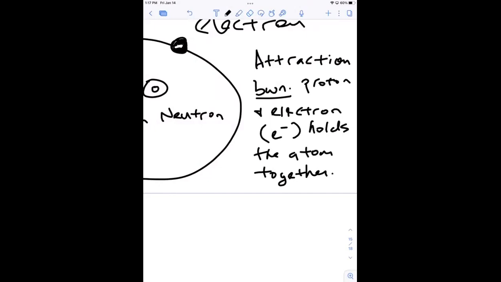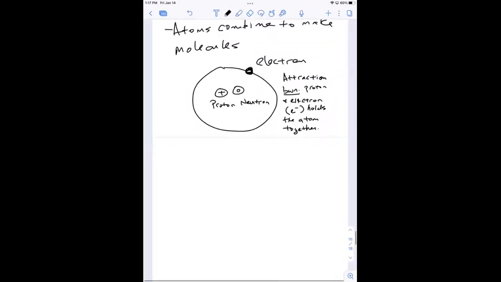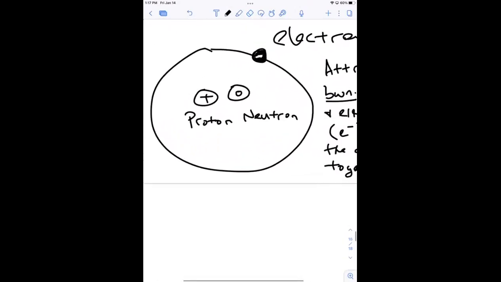Right? When we think about atoms, they are infinitesimally small. I mean, so small that the mass of a proton in the nucleus is about 1.7 times 10 to the minus 24 grams.